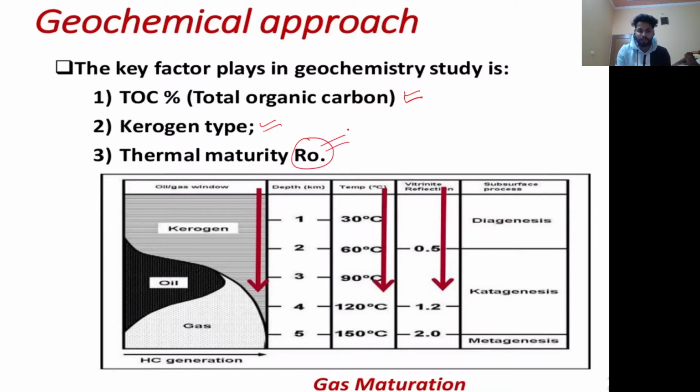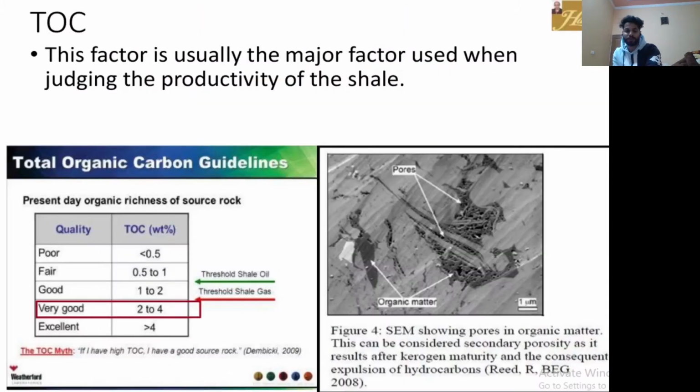It is basically calculated as vitrinite reflectance. Okay, so for different range of values of vitrinite reflectance, we basically define the thermal maturity. We define how mature our oil or gas particularly is.